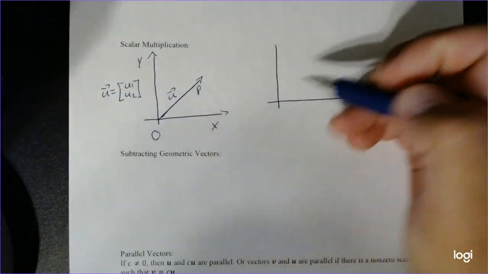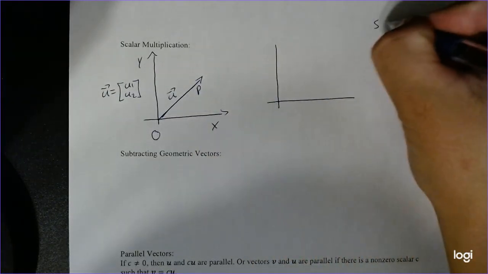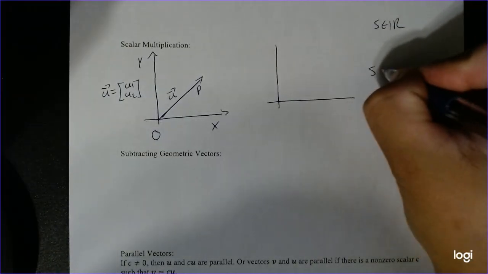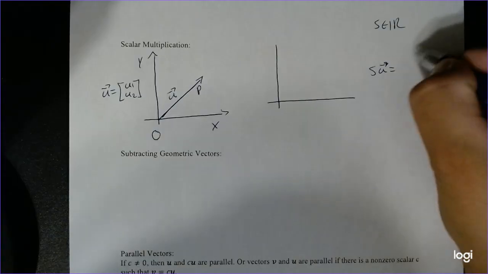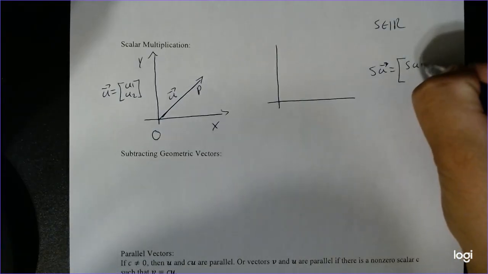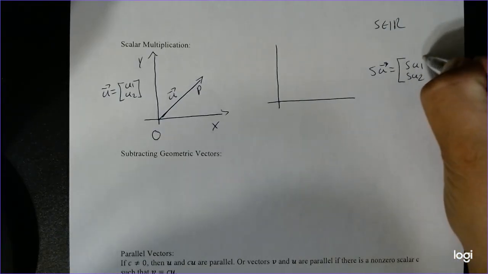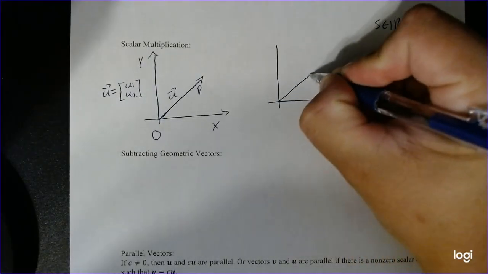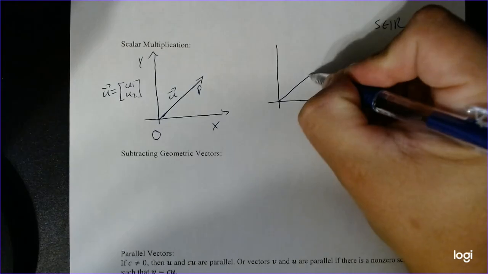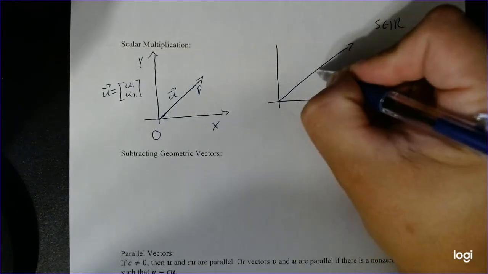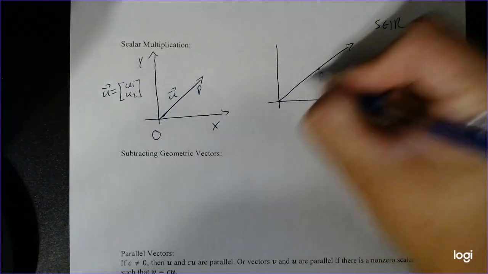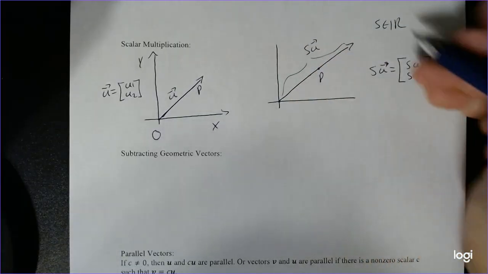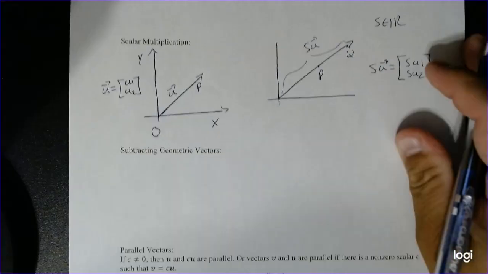So let's say s is some arbitrary number in the real numbers, right? And if I multiply s by U itself, all I'm doing is scaling the entire vector. So what that means is now instead of stopping here, let's say if it's doubled, now it's double the length, right? So this was originally P, so the entire thing now is sU all the way to some point, let's say Q here.